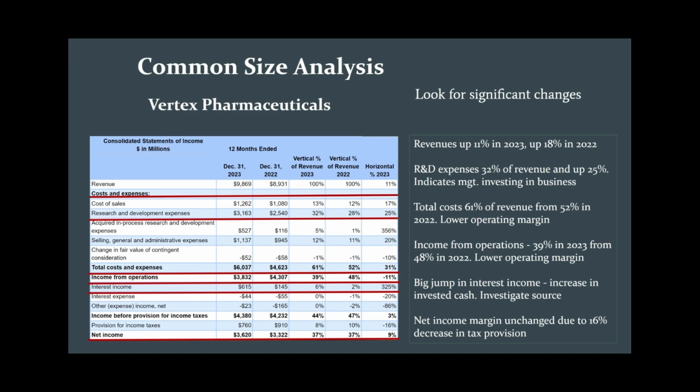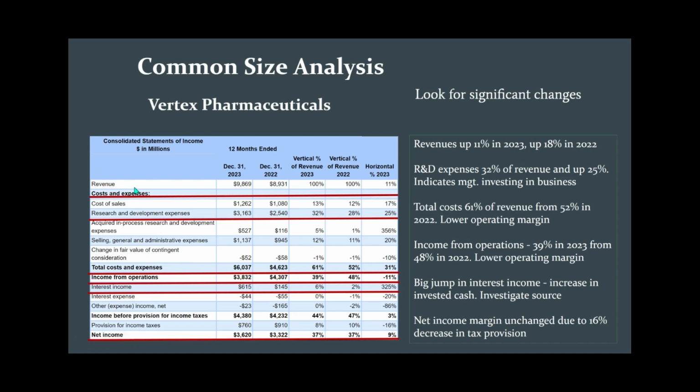Here's an example of a common size analysis on an actual company's financial statements. This is Vertex Pharmaceuticals. This information comes from their 10-K for the year 2023, December 31, 2023 year end. And here we perform both vertical analysis and horizontal analysis.